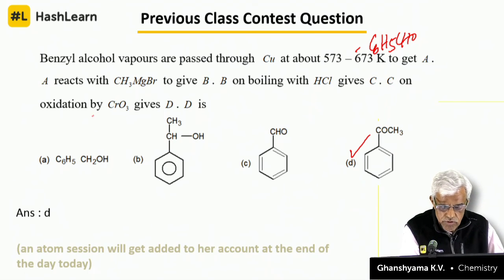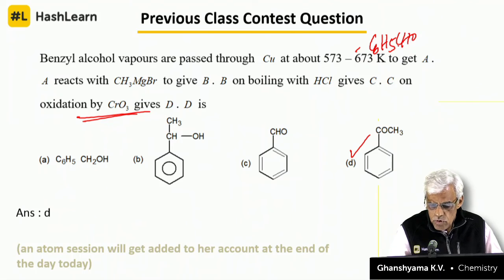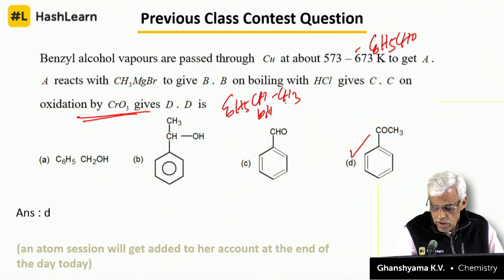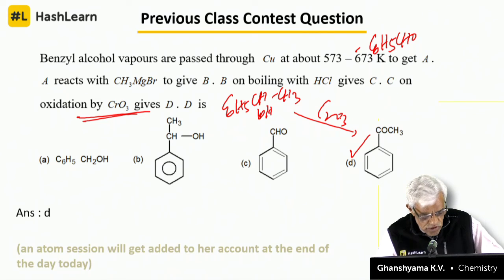This on oxidation: this will give secondary alcohol. So, you get C6H5 CH OH CH3. This on oxidation with CrO3 will give acetophenone. The answer is D.